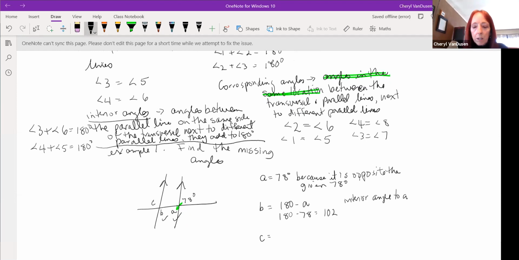There's very little calculating that has to be done in these questions. Anyone want to give a shot at C? All right, someone's giving it a go.